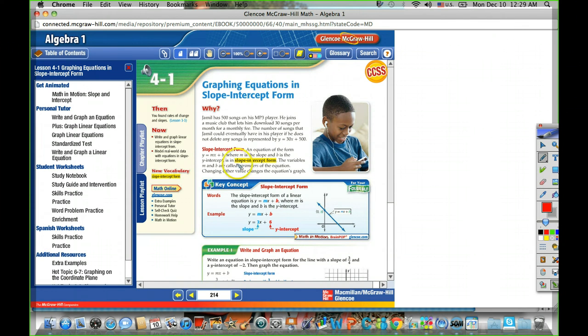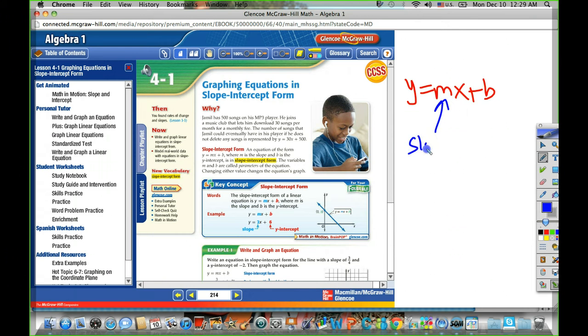Alright, so slope-intercept form is exactly what it says, a slope and an intercept. You will write slope-intercept form as y equals mx plus b, where this m will always stand for your slope, and this b, which will always be a number, will stand for your y-intercept.